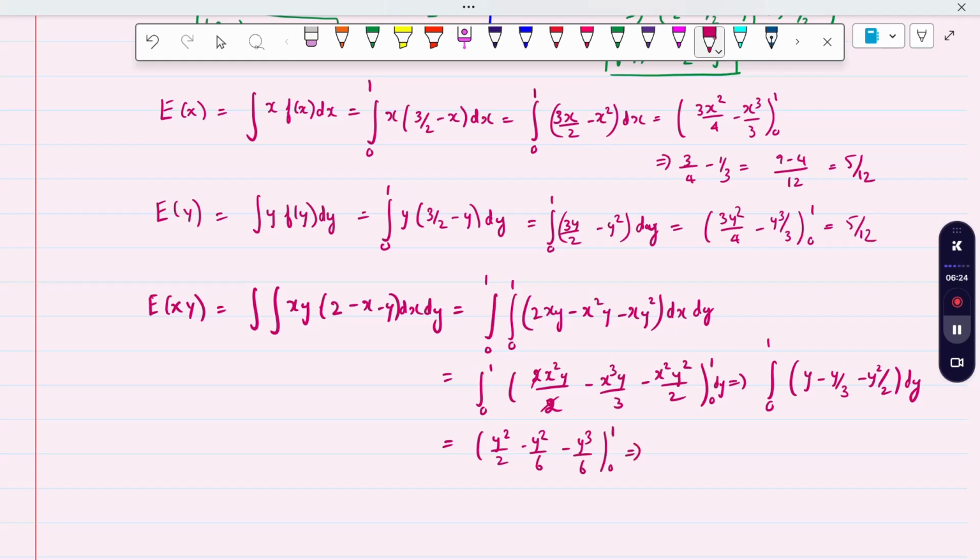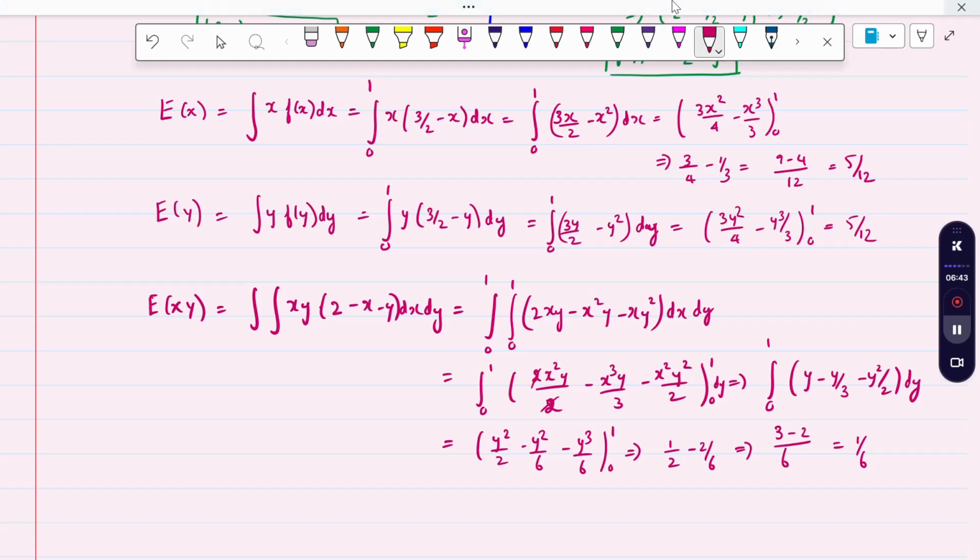When I substitute, 1 by 2 minus 2 by 6. Take LCM 6: 3 minus 2, so I'll be getting 1 by 6. E of xy is 1 by 6.